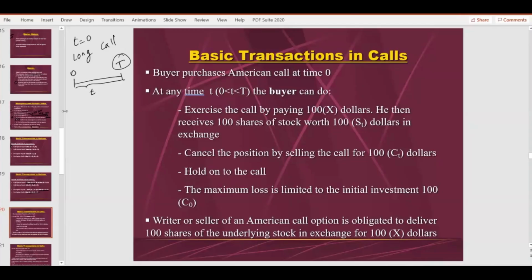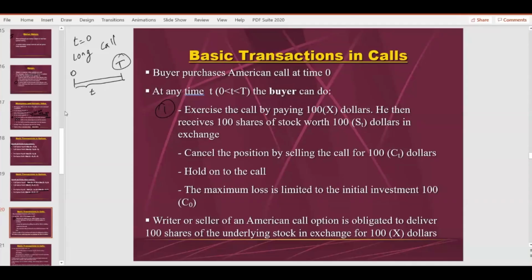The investor can either exercise, so this is the first case, the investor decides to exercise the option by buying 100 shares at a price X per share, and then selling those same shares at a price ST.